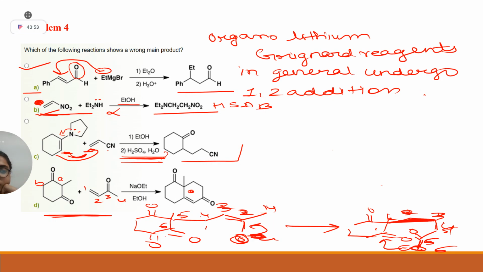Ma'am, there is a silly question in my mind that I want to ask. In option D, when we see what we have numbered 1, 2, 3, 4, we have already seen certain questions in yesterday's class also, that there will be O negative and then this double bond will shift to 2, 3, and then at first position there will be electrophilicity.